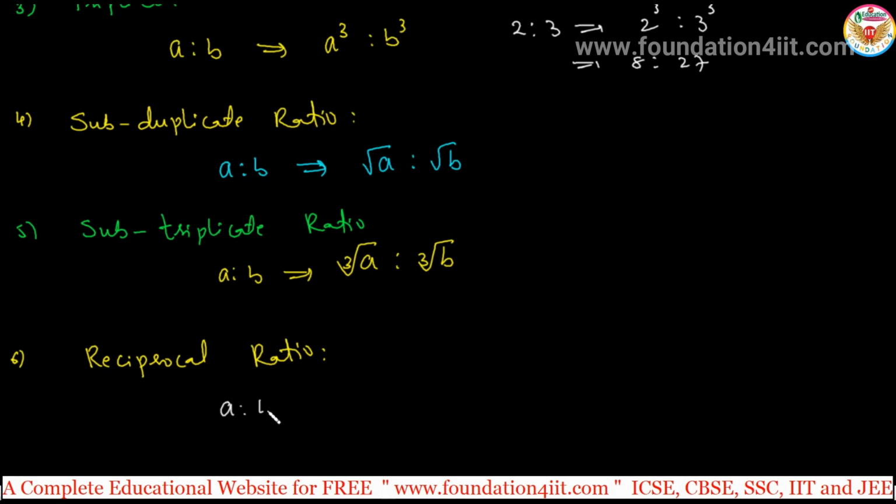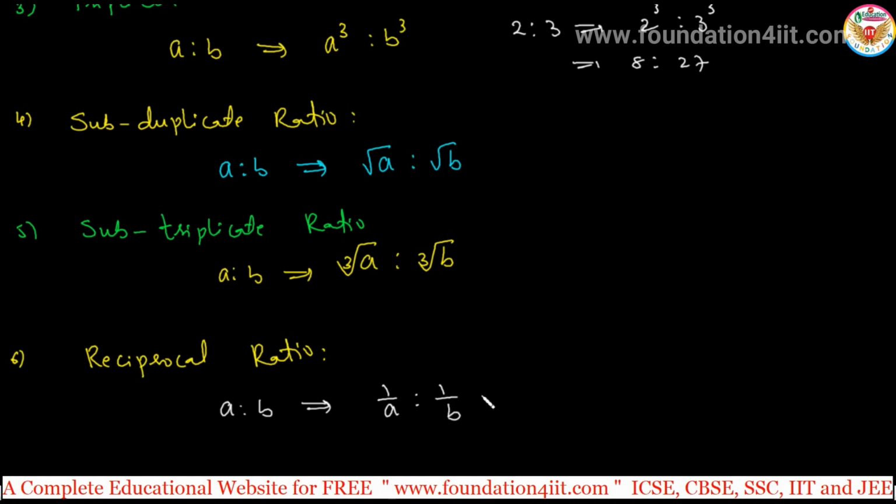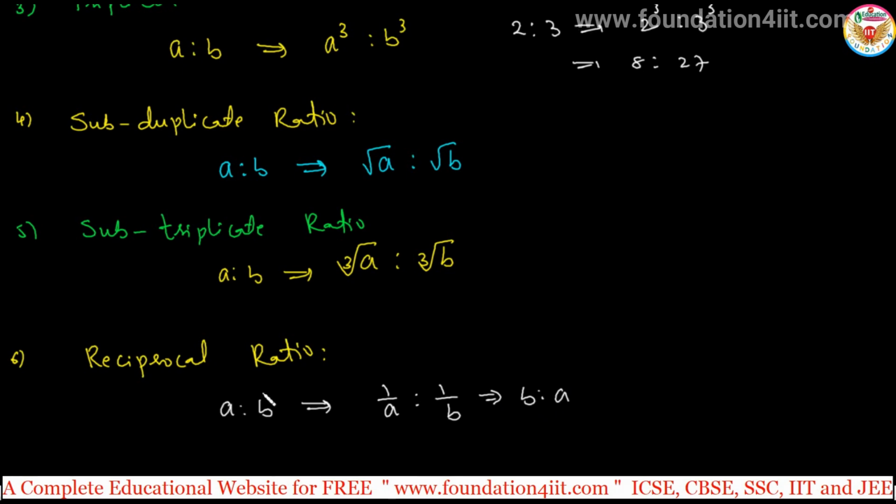So A is to B is the ratio, then the reciprocal is 1 by A is to 1 by B, that is nothing but B is to A. So the reciprocal ratio is just interchanging antecedent and consequent, interchanging the position. That's only a reciprocal ratio. Right? These are the main 6 types we can use in this composition of ratios. Let us see the problems and some word problems, numerical sums based on all this.